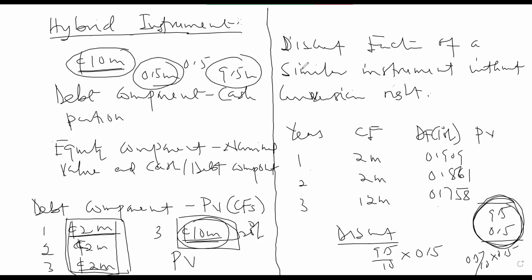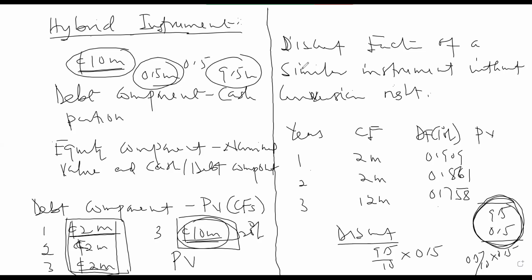If there's a discount, it means that the discount is netted against the nominal value. So we are not receiving 10 million, but we are receiving 9.5. But if there's an issue cost, part of the issue cost will be for the equity, part for the debt. If you subtract the issue cost from the nominal value, maybe the equity will end up bearing a higher share of the issue cost.